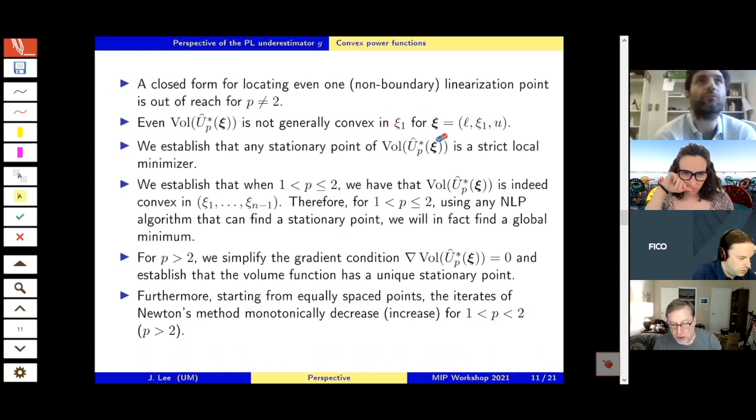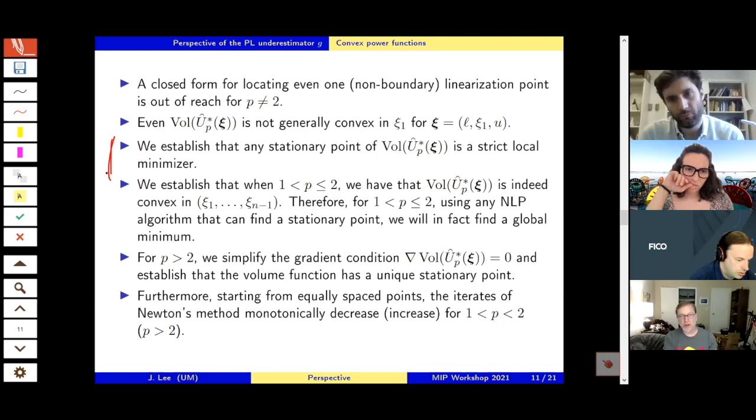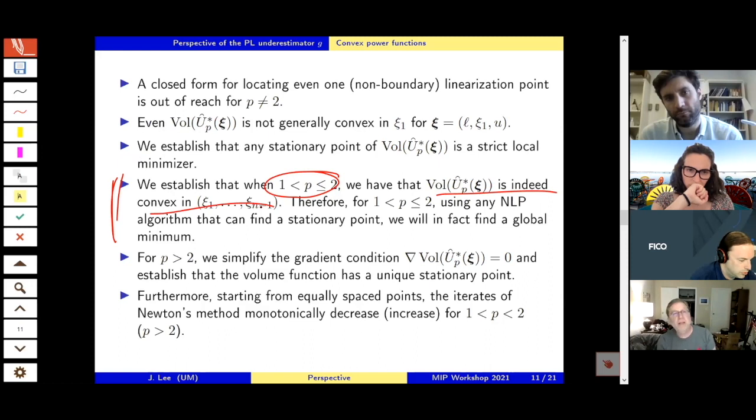But what we can show is that any stationary point of the volume function, so the variables now are these linearization points, and this is an arbitrary dimension, any stationary point is a strict local minimizer and more. Actually, when the power is between 1 and 2, the volume function is actually convex. So I said it's not generally convex, but it is convex when the power is less than 2.